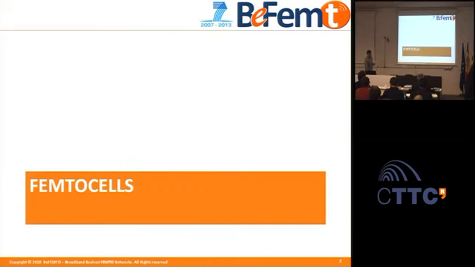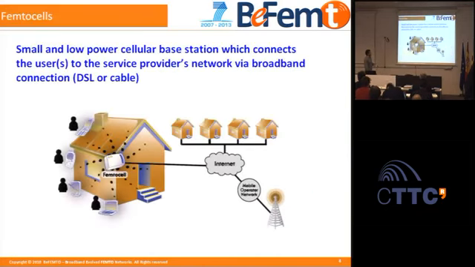The first part is a light overview of the femtocell. A femtocell, as you know, is a small and low power cellular base station which connects a user or several users to the operator using a broadband connection.